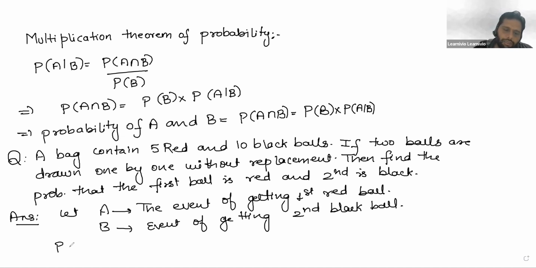Then we need to find the probability of A and B, which is nothing but P(A intersection B).